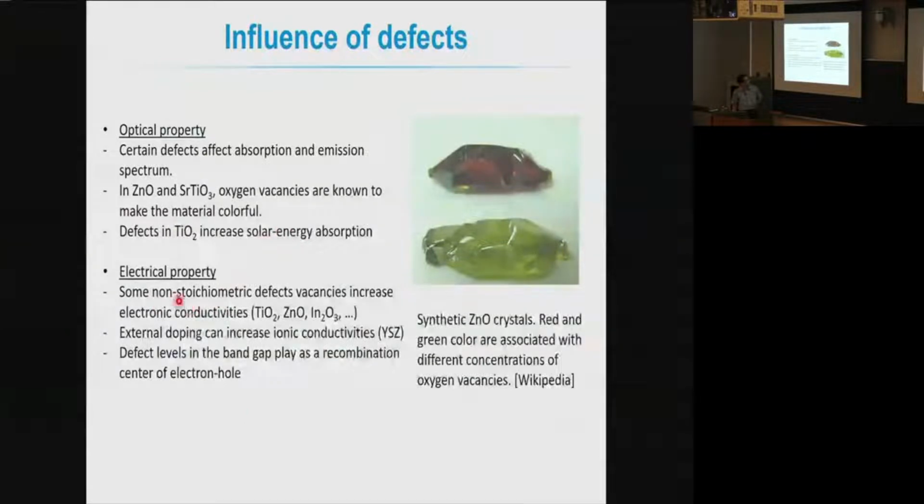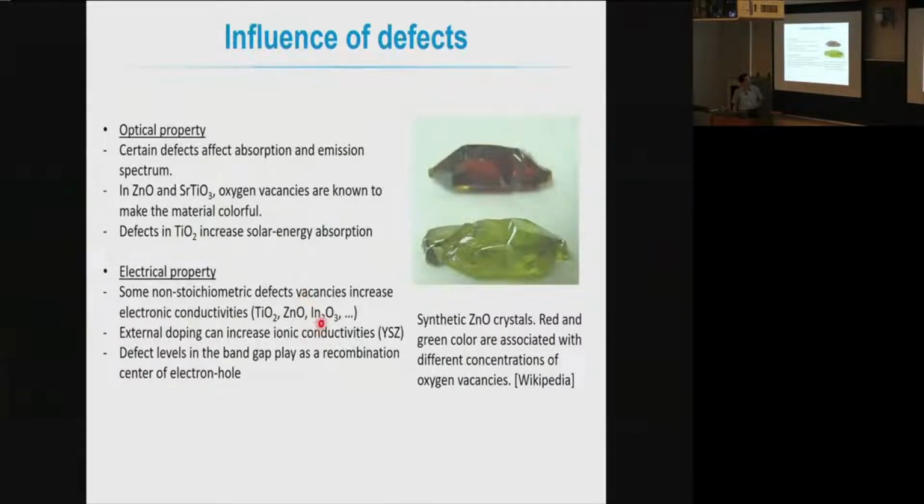Okay, and it is well known that non-stoichiometric defect or the vacancies increases conductivity. So TiO2, zinc oxide, or indium oxide, all of them have band gap more than 3 electron volts. Therefore, they should be insulators in their perfect form. But when you introduce the vacancies, then it is a very good N-type semiconductor or the conductor.